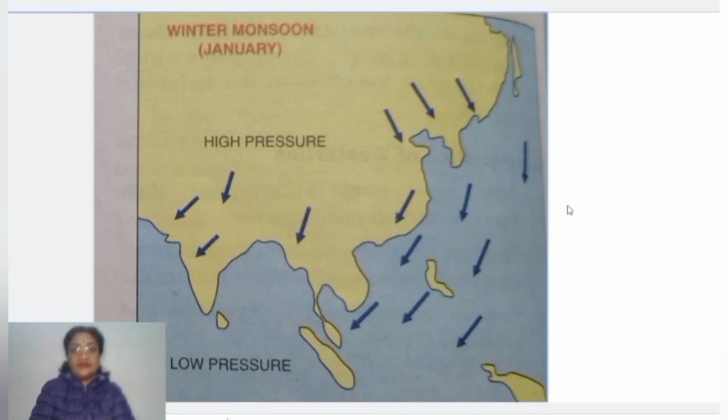These are also warm winds. But because they come from the sea, they carry some moisture with them. And because they carry some moisture, they bring some relief to the people who are suffering in very hot and scorching hot conditions, hot and dry conditions in the Sahara Desert during the summer season.